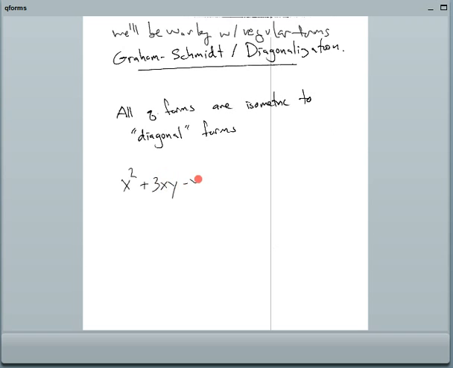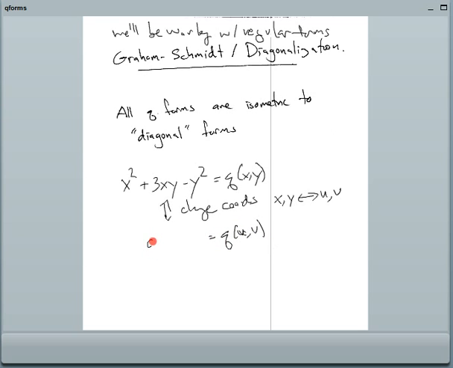If I have some quadratic form, then the theorem is that you can change coordinates to some new coordinates, say u and v, such that if you rewrite your form in terms of u and v, it's diagonal, so that means it looks like a u squared plus b v squared for some a and b.